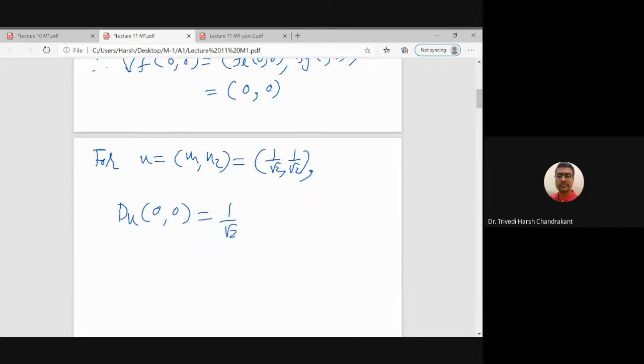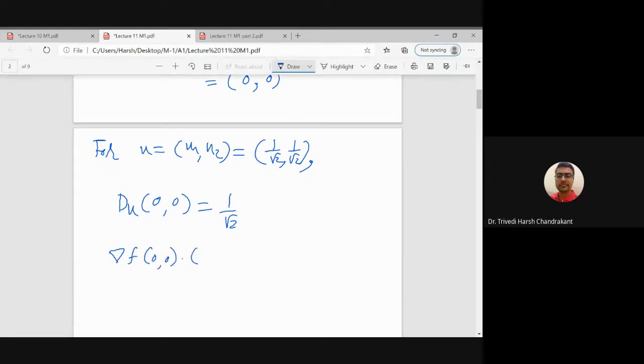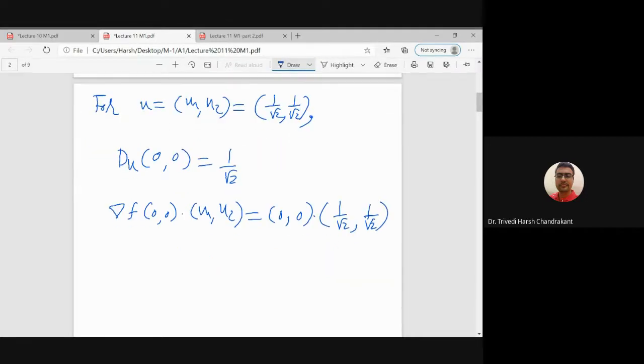On the other hand, we have the gradient of f at (0,0) times the unit vector. The gradient we have observed is (0,0), and the unit vector is (1 by root 2, 1 by root 2). So the dot product, or scalar product, is 0 times 1 by root 2 plus 0 times 1 by root 2, and that is nothing but 0.